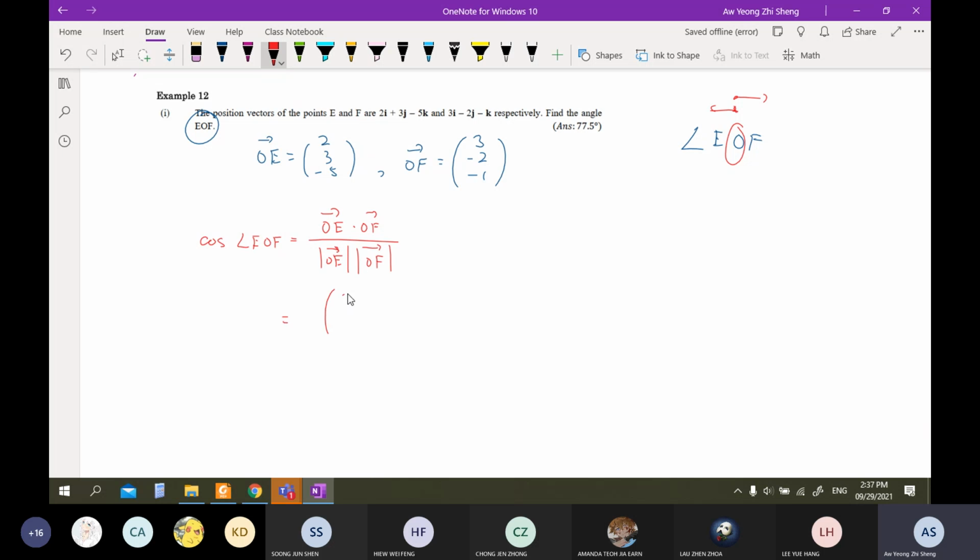Then sub it in. When applying the length formula, you also need to show your method. Don't just give me the length straight away. I want to see square root of 2 squared plus 3 squared plus negative 5 squared.